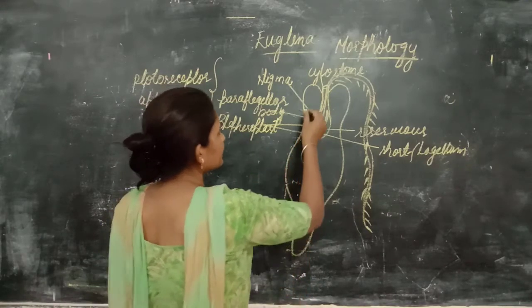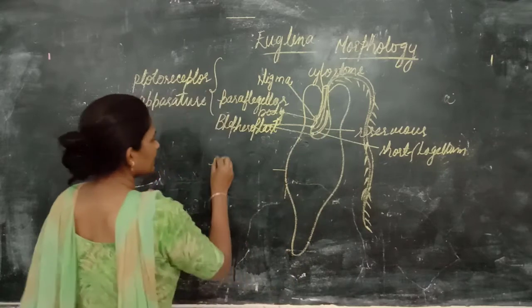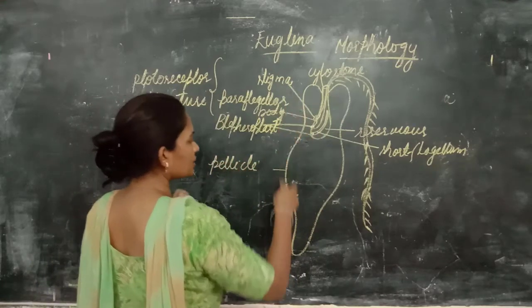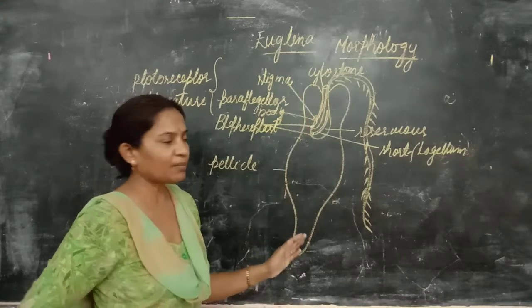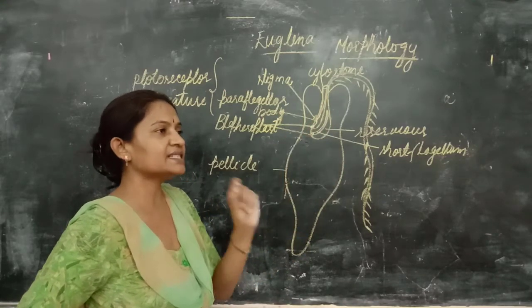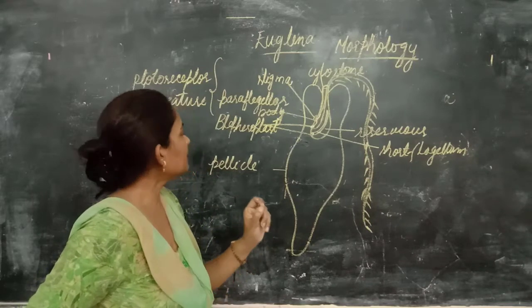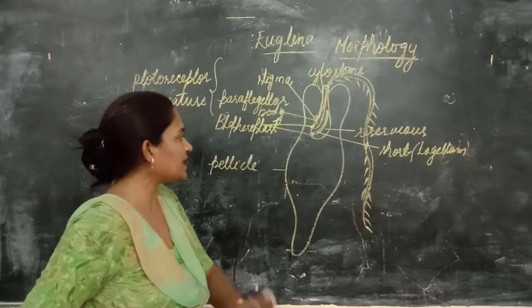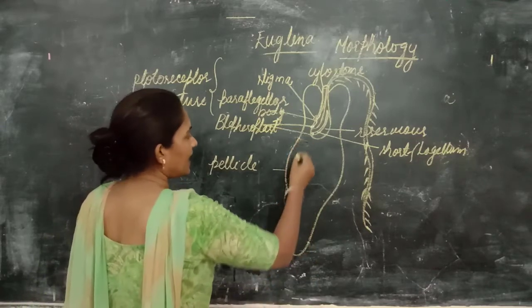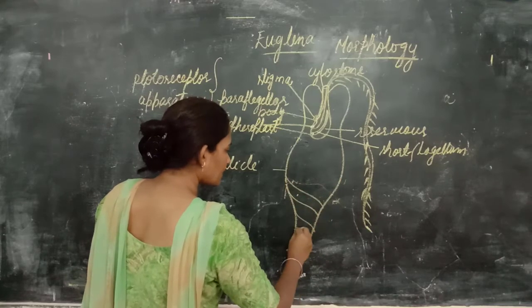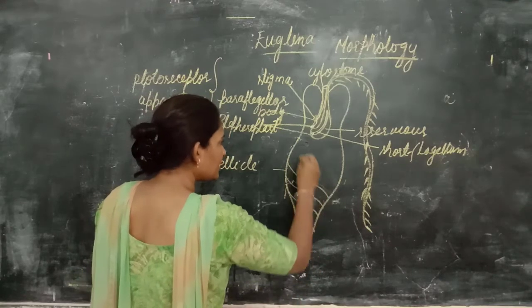Now in this we see the pellicle, which is the outer body limit or boundary of the animal. Pellicle is a very dense, thick cytoplasm beneath the plasma membrane, and it has myonemes.